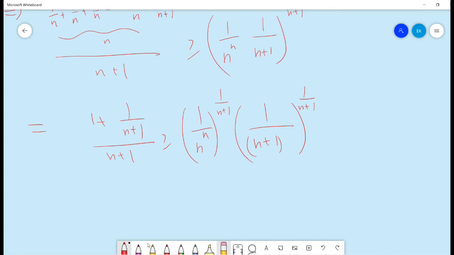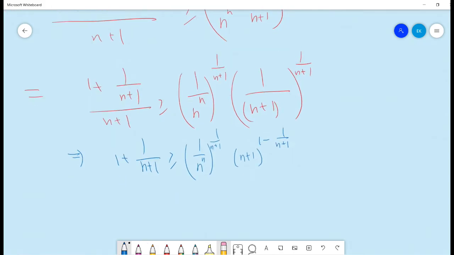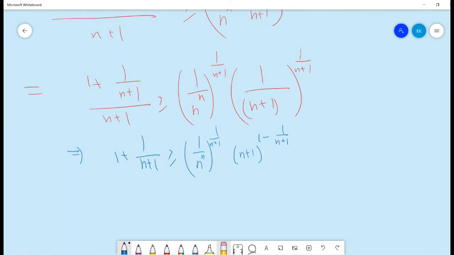I usually don't like this color. How about we change to blue? So we have this one larger than, and you multiply by the rest. All you get is n+1, and this is 1 minus 1 divided by n+1.